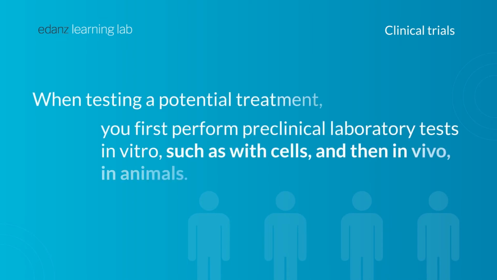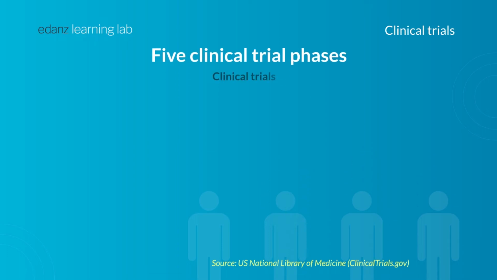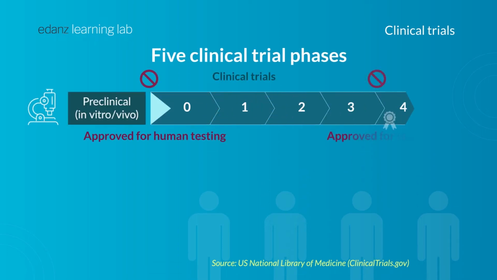When testing a potential treatment, you first perform preclinical laboratory tests in vitro, such as with cell cultures, and then in vivo, in animals. Before human testing, you need to submit evidence and proposed protocols for approval by the National Regulatory Agency. Then, there are a maximum of 5 clinical trial phases during which you apply for approval to launch and sell your product.